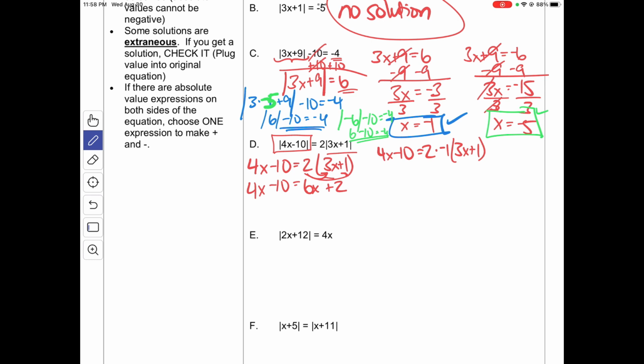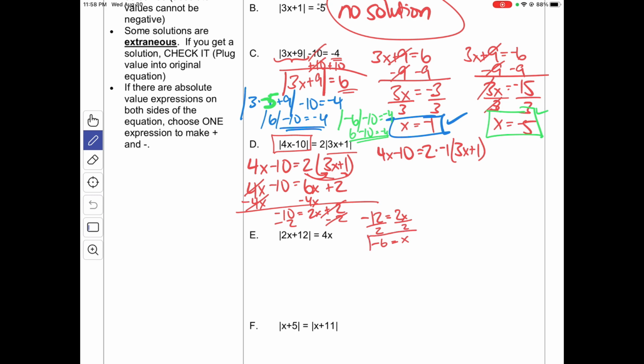So I want to get x on the right side of the equation by subtracting 4x from both sides. 4x minus 4x is just 0, so I get -10 equals 2x plus 2. Don't forget to have that plus 2 as well. Subtract 2 from both sides of the equation, and you get that -12 equals 2x. And lastly, you divide both sides by 2, and you get that x equals -6.